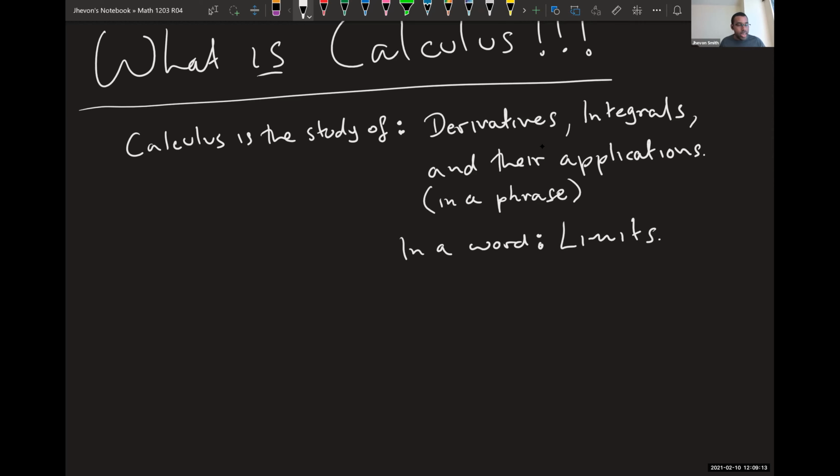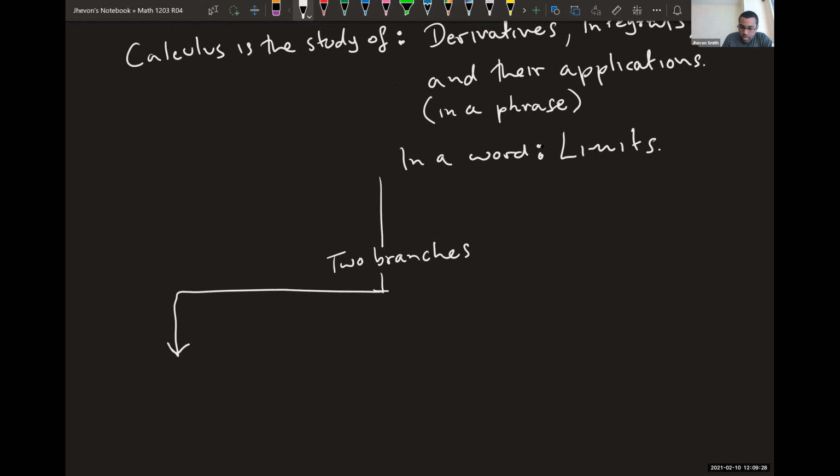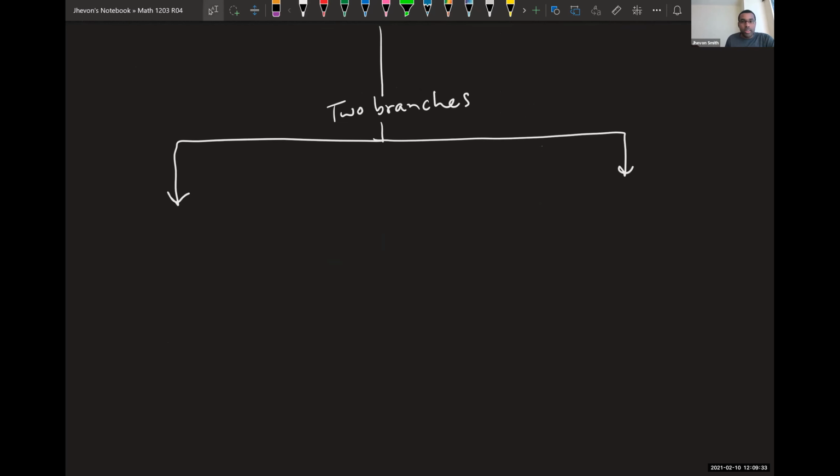Now, why is it actually useful? So it breaks off into two branches. One branch of calculus is called differential calculus.